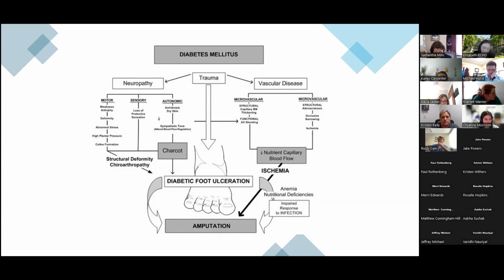Do they have significant occlusion or blockages? And then, obviously, if they have some form of trauma, which, in our case for amputation, we don't see as much of, but it does happen. And certainly sometimes we do need to perform amputations due to that trauma.